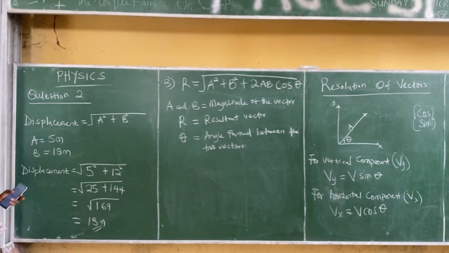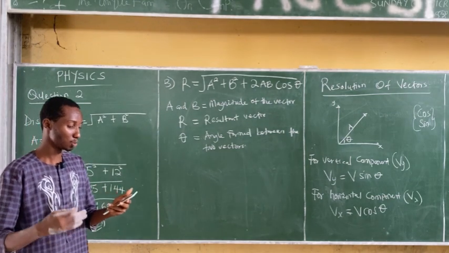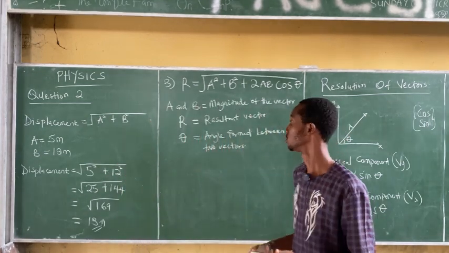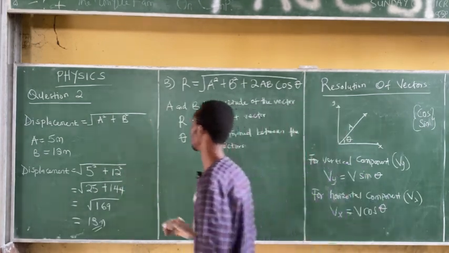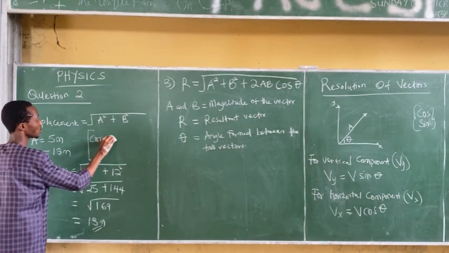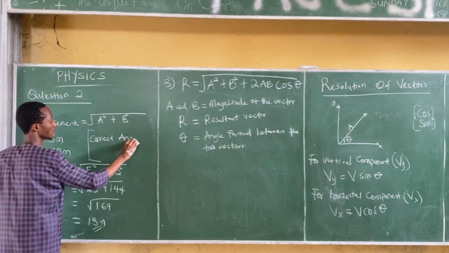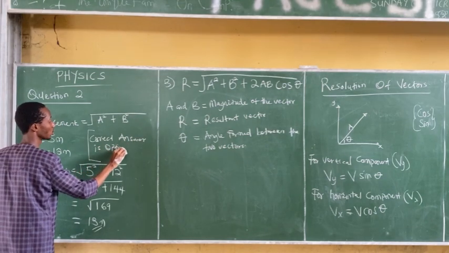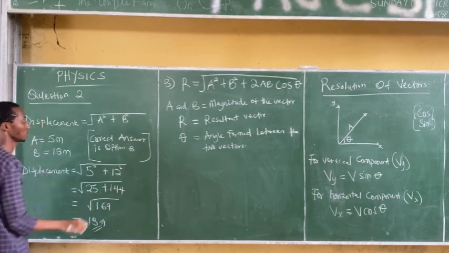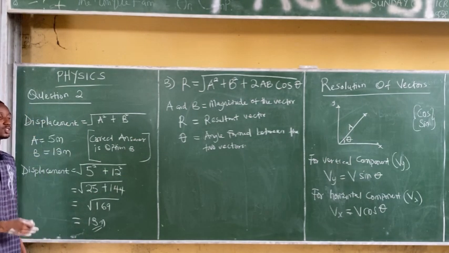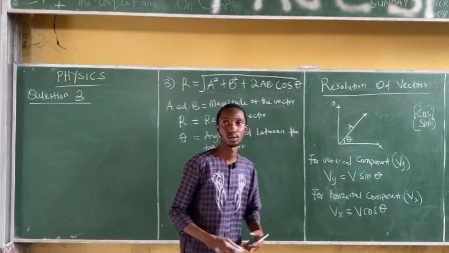Therefore, the displacement for this question, a body moves 5 meters east and then 12 meters north, is 13 meters, which is option B. So the correct answer is option B. Don't forget, displacement simply means straight line distance.